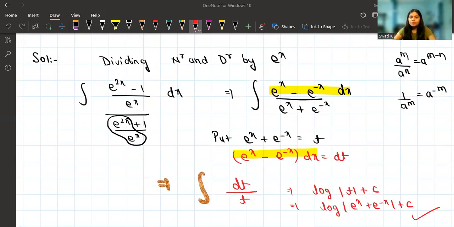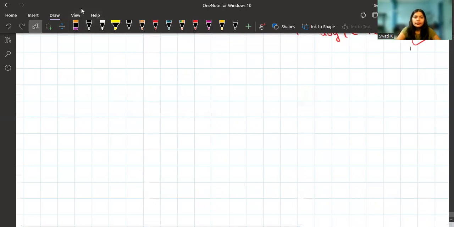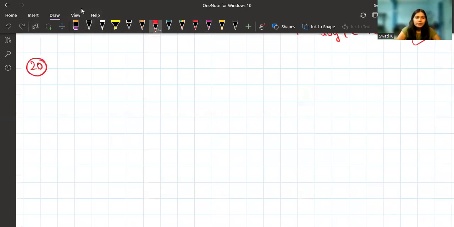Now let's move to the 20th question. In the 20th question, you simply have to integrate e raised to 2x minus e raised to minus 2x upon e raised to 2x plus e raised to minus 2x dx.